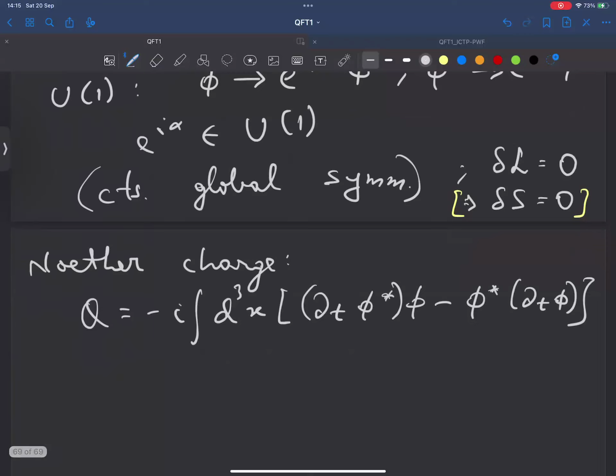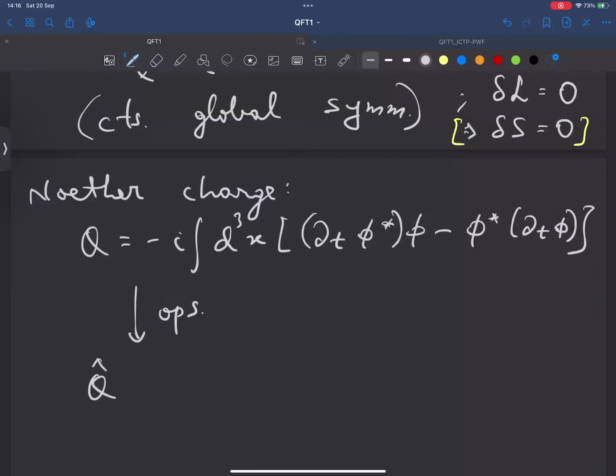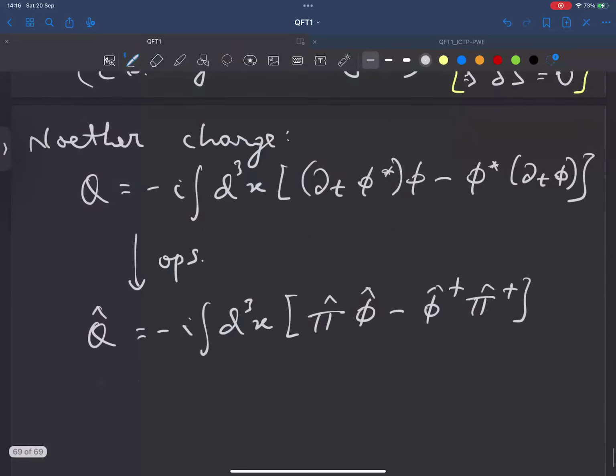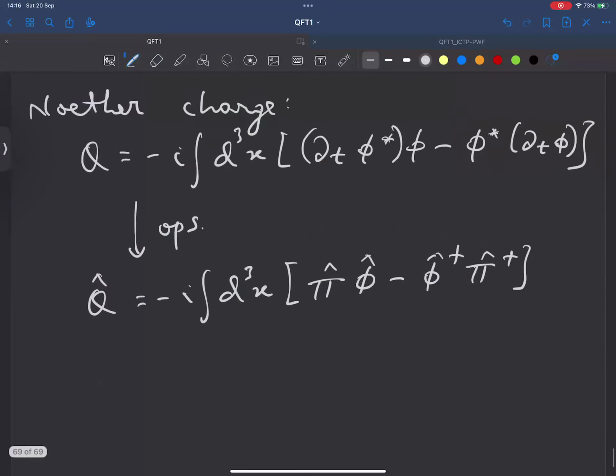If we promote that to operators now, as we have been doing, this just means the canonical momenta times phi minus the Hermitian conjugates. Again, this is an exercise, but a very straightforward one.